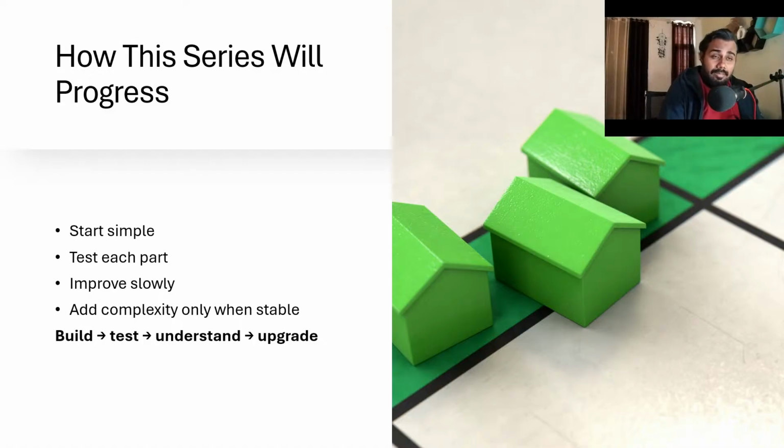Test each part. This is the most important thing. Testing is very important. We don't just assemble something and expect it to perform tasks. There will be failures. Sometimes something burns, sometimes something does not perform what we want, wiring this and that.